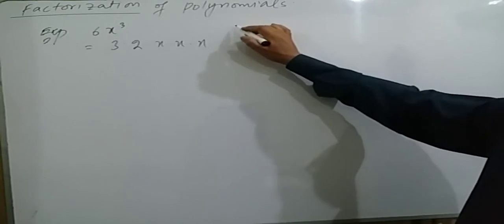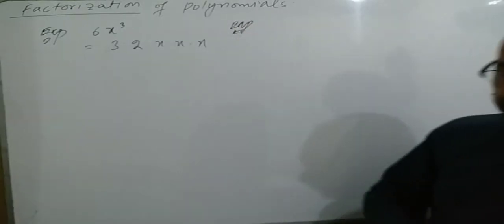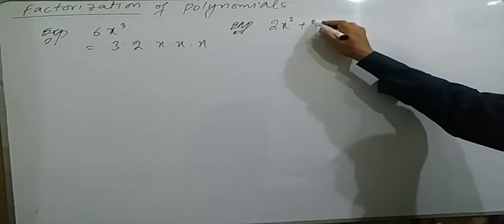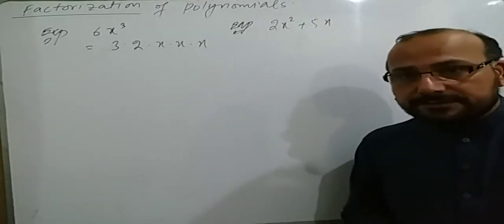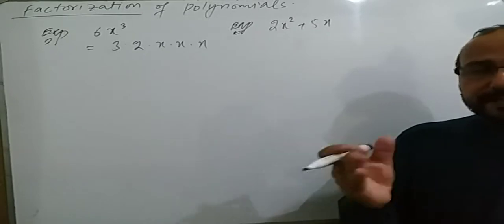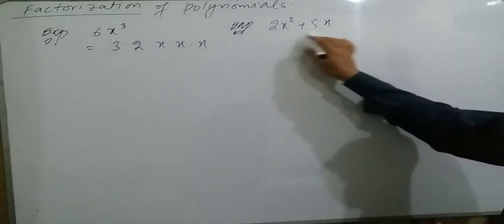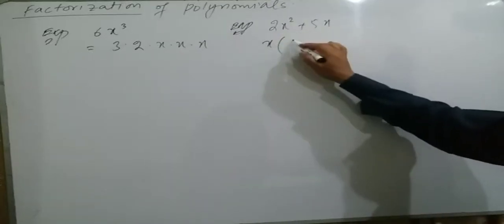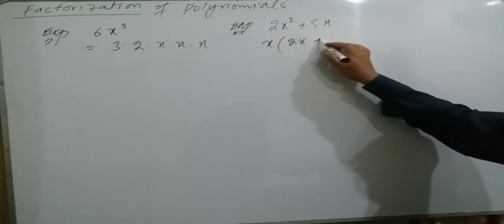In case we have another example, a double term expression, 2x^2 + 5x, and if we have some common elements, just take the common element and make the factor. What is common in these two? x. By taking x as common, what will remain? 2x plus 5.